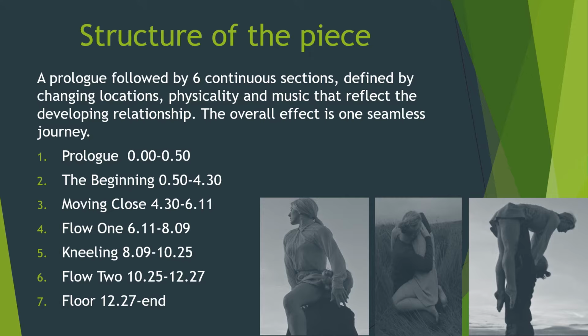But obviously please watch the whole work and get an overall idea and feeling, but I've put the timings up there so that you can really zoom in and go into depth in the 4 sections that we do look at. So just to repeat, we specifically study the prologue, the beginning, flow 1 and flow 2.